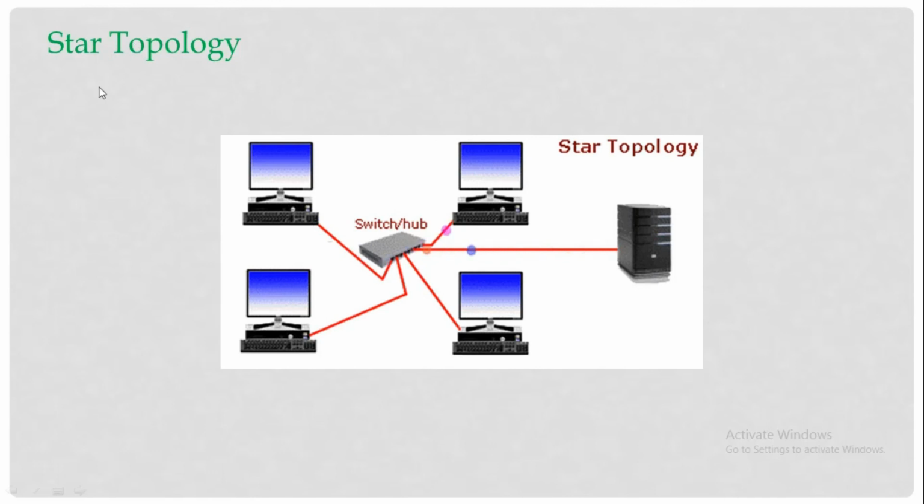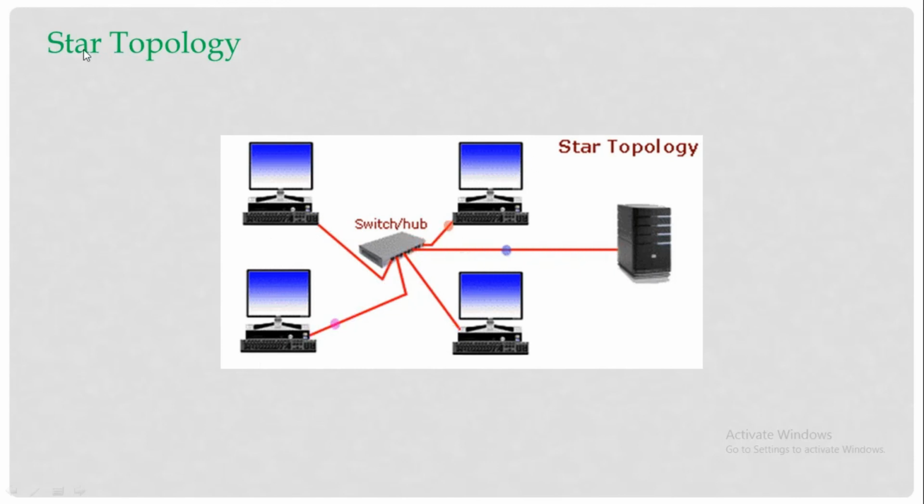Now assuming a star topology with a hub, what happens when server 1 has to transmit information to a system? Server 1 transmits the information to the hub, and the hub broadcasts the information to all the other systems.